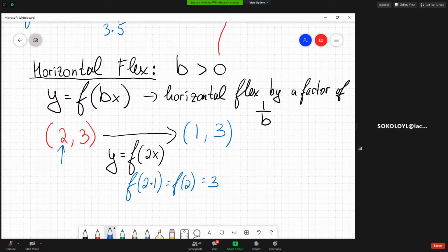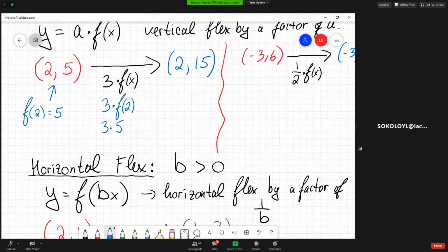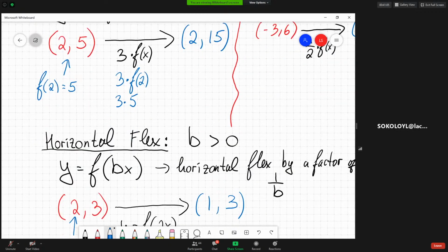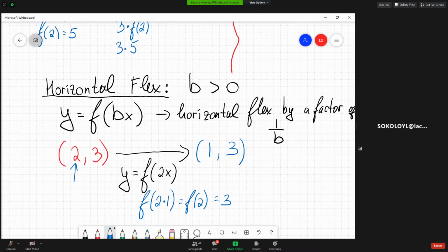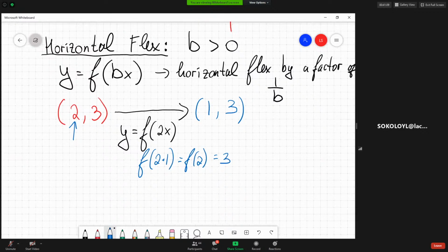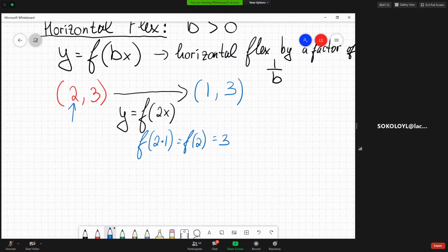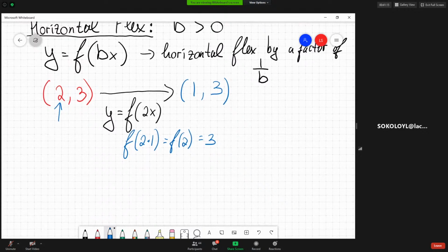And because of that, actually, that's something I probably should have written here for the vertical flex as well. So we'll mention it down here. Because of that, if your value of b is greater than 1, then you're actually multiplying by 1 over something greater than 1.